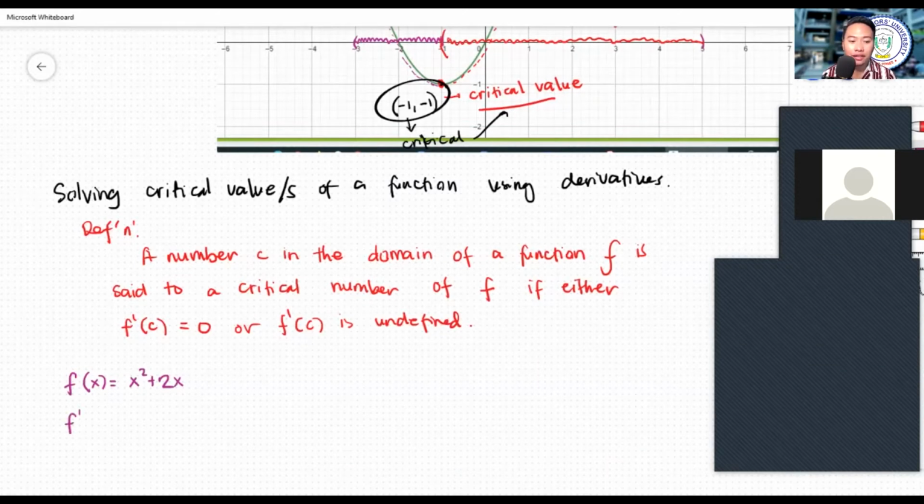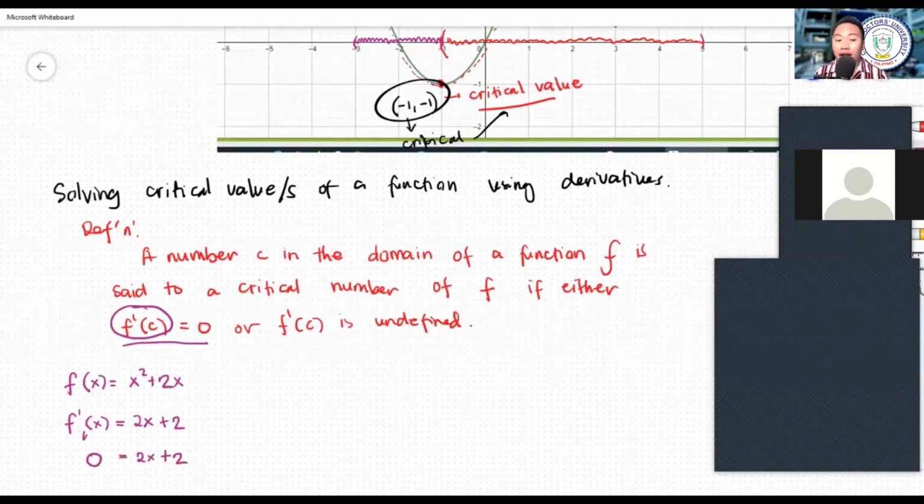So the first derivative, guys, is f prime of x equals 2x plus 2. Agree? I believe everyone agrees to this. And then how to find the critical value? Simple. You just have to equate the f prime of c to 0. So this becomes 0 equals 2x plus 2.